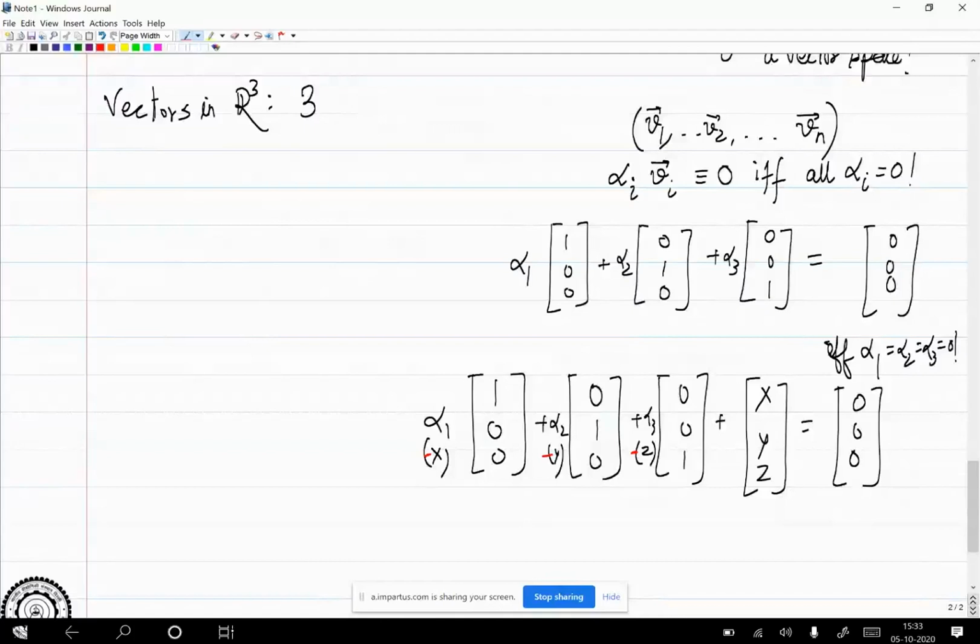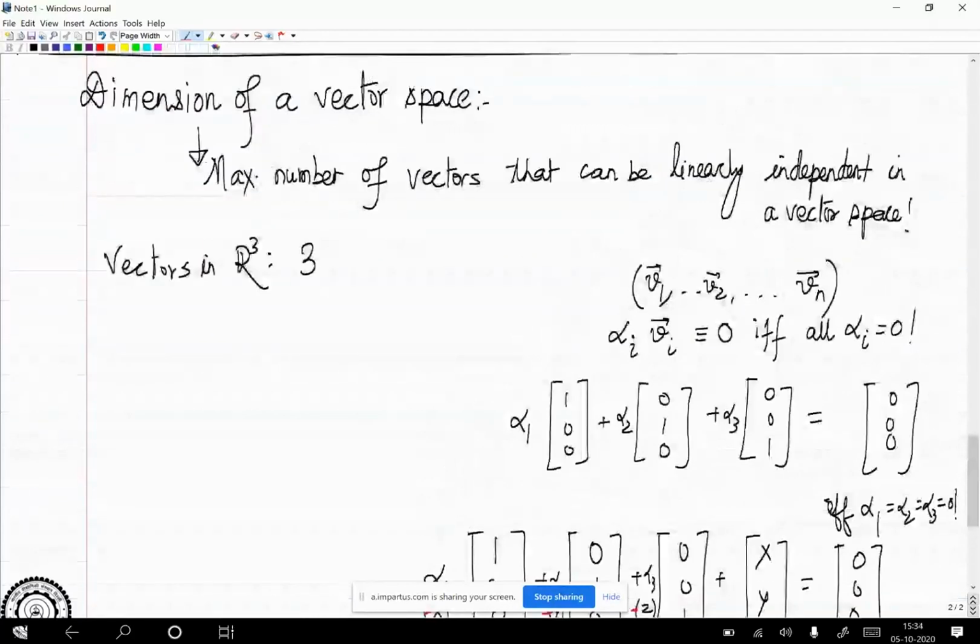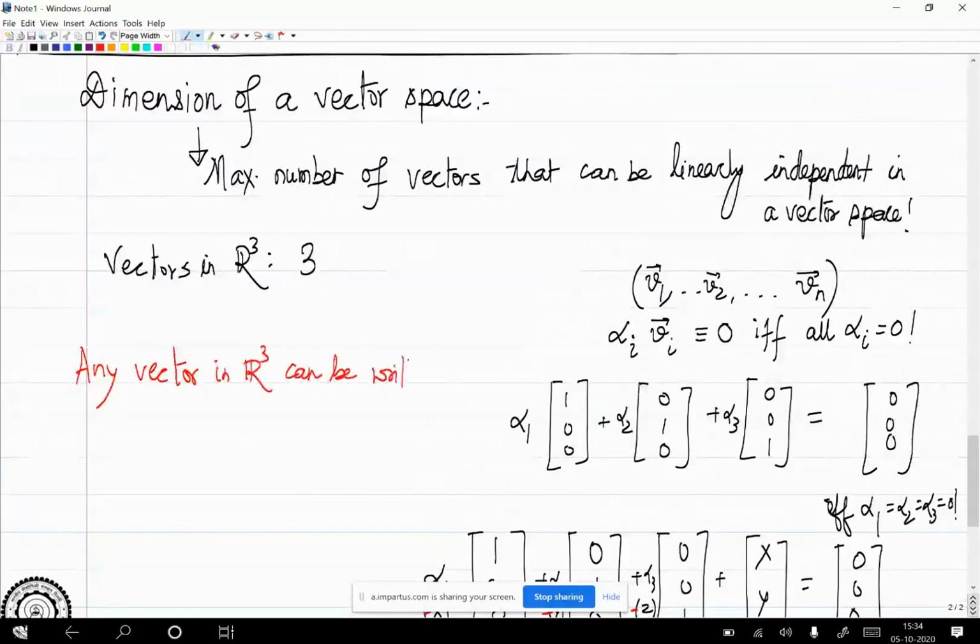Which also means, once you have figured out what the dimension is, that any vector in R3 can be written as a linear combination of three independent vectors.